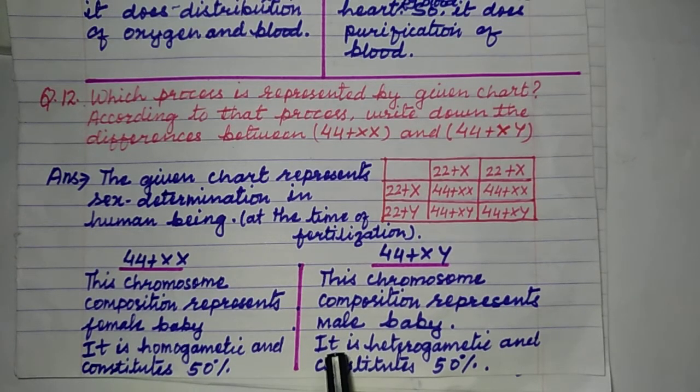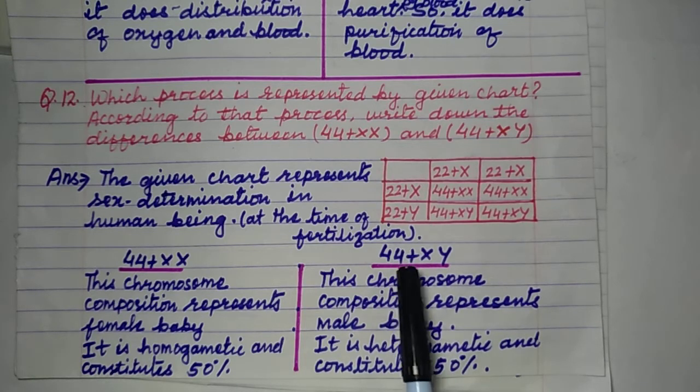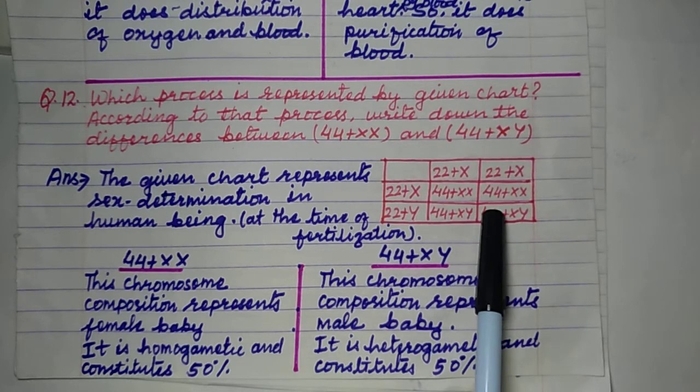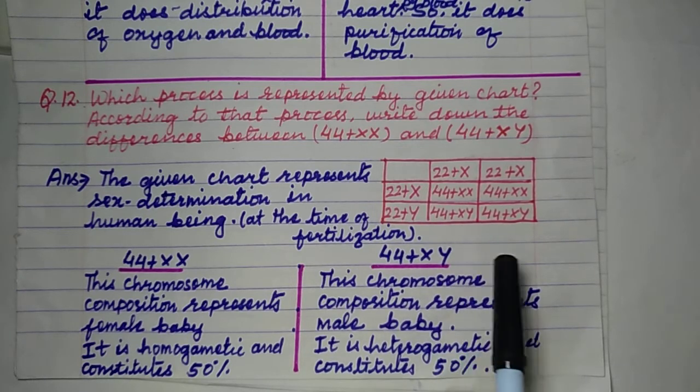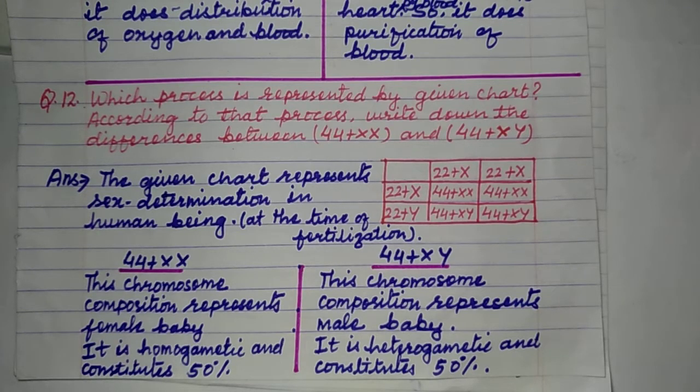Whereas 44 plus XY is heterogametic because two different types of gametes are produced. X and Y. So this is heterogametic and constitute 50%. Among these 4, 2 are 44 plus XY. That is why it makes up 50% in total. So these are the two differences between 44 plus XX and 44 plus XY.